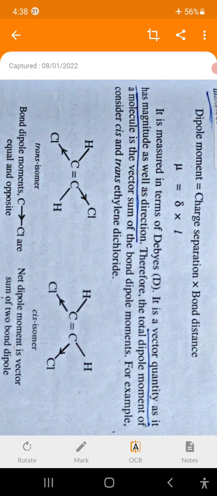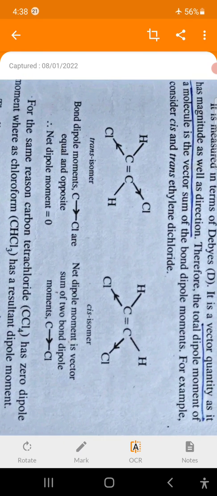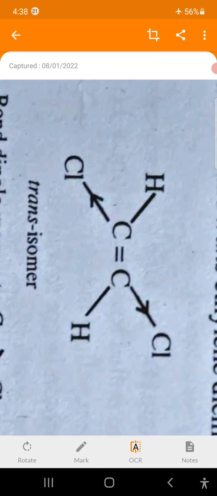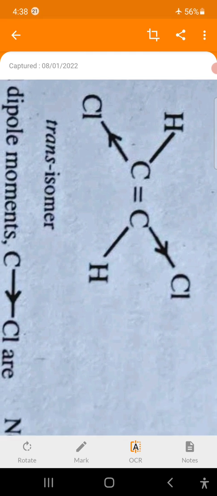In some molecules, here consider the trans isomer of dichloroethene. In the trans isomer, the two bonds are opposite, and therefore the dipole moment of this bond is cancelled by the dipole moment of the opposite bond, and therefore the dipole moment here is 0.